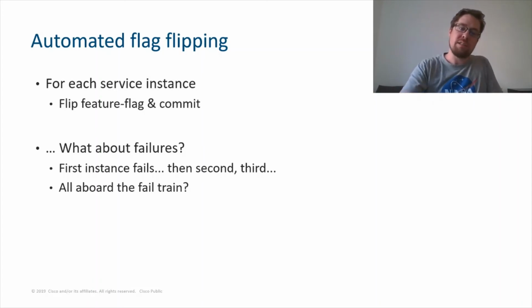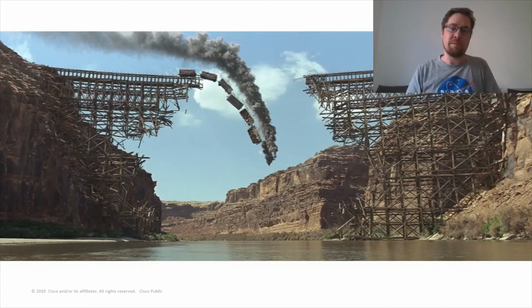It's just all aboard the fail train. In particular, if we implement some more automatic functionality, maybe we have a script that talks to NSO and runs a rollout automatically, then there's nothing stopping it. It's just going to continue service instance by instance and slowly but surely ruin our network.